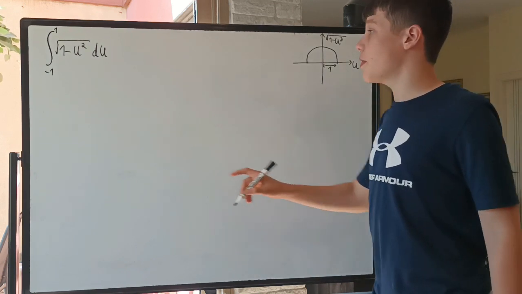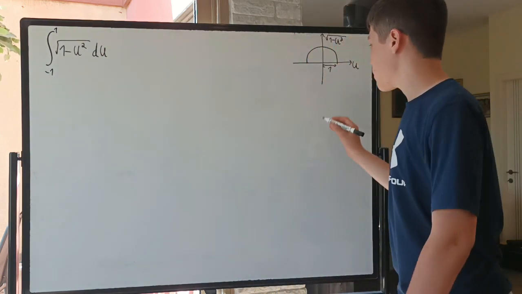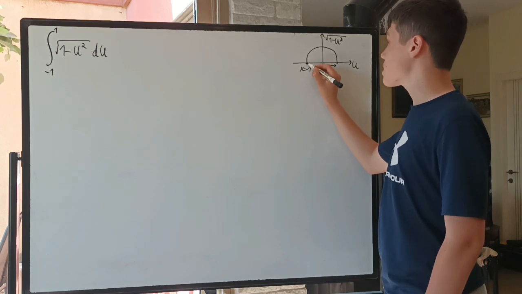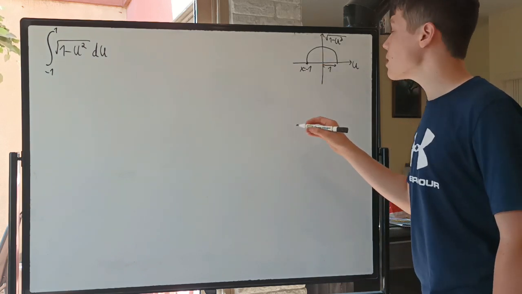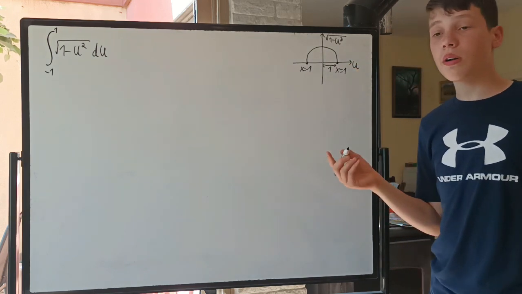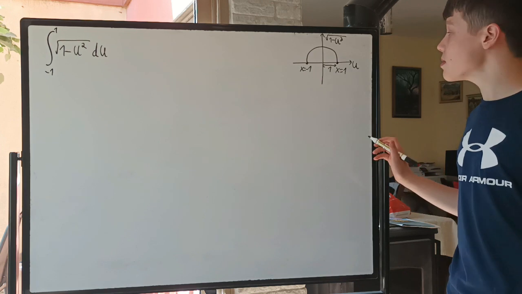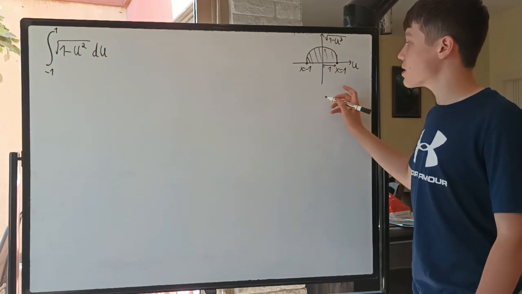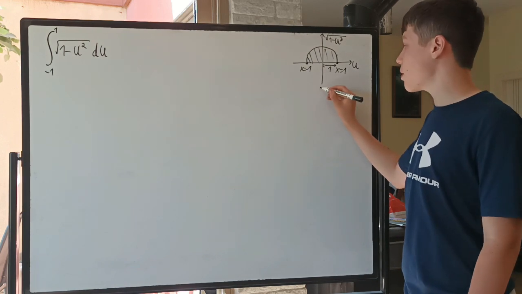And the integral from -1 to 1 indicates that we're taking the area from x equals -1, which is this leftmost point, to x equals +1, which is our rightmost point. And you see the area we get is just the area of a semicircle with radius 1.